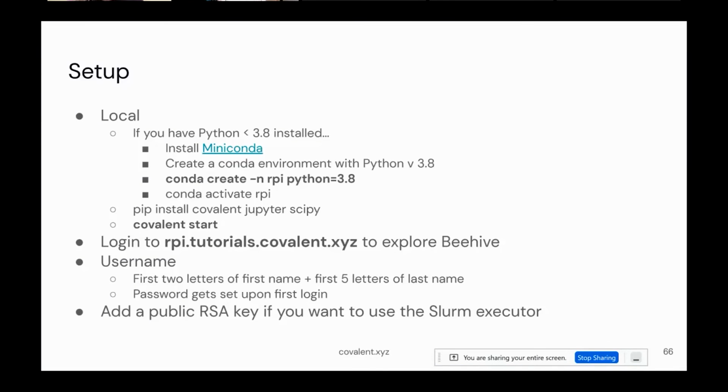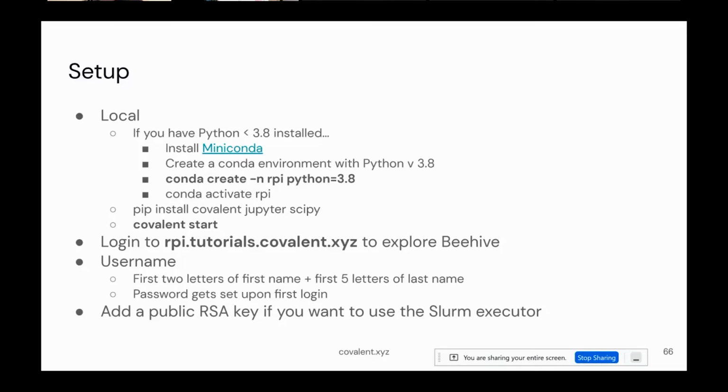The command to do that is just conda create, and then the name of the environment, I'm just choosing to call it RPI, and then you specify that the version of Python in this environment should be 3.8. You activate that environment, and in that environment you can install Covalent, Jupyter, and SciPy. These are the 3 dependencies that you would definitely need to dispatch and interact with Covalent.